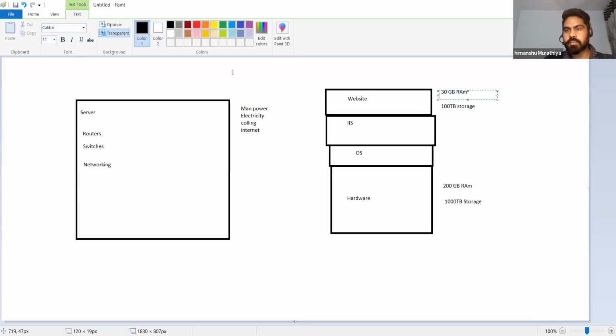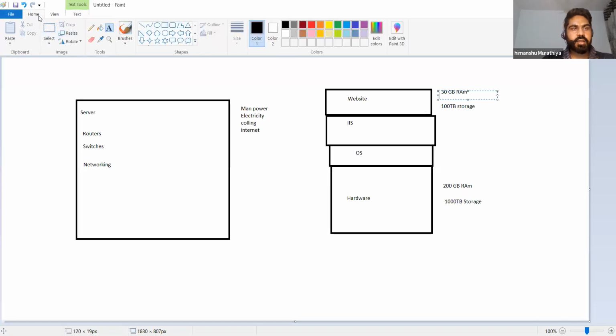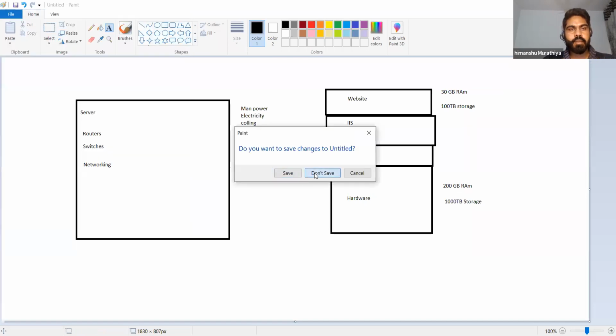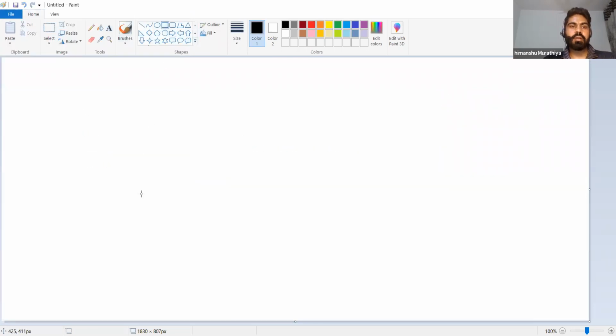Hello. Yes, sir. Okay, now let's move to the next topic. After the hypervisor concept was introduced in the market, suppose this is my infrastructure, this is my server.